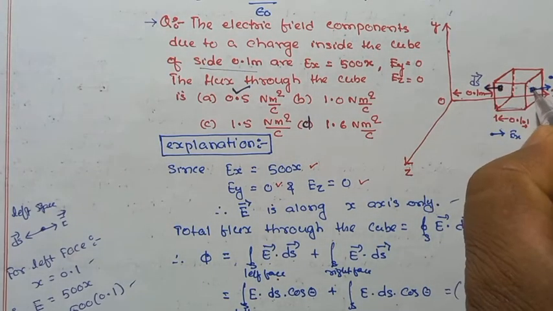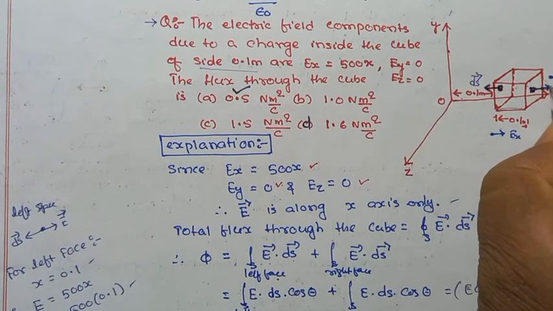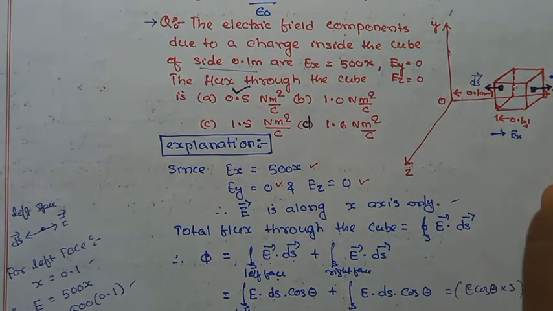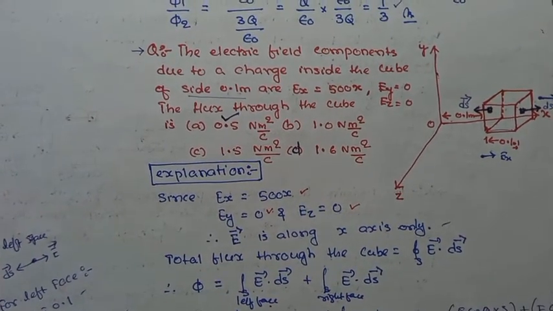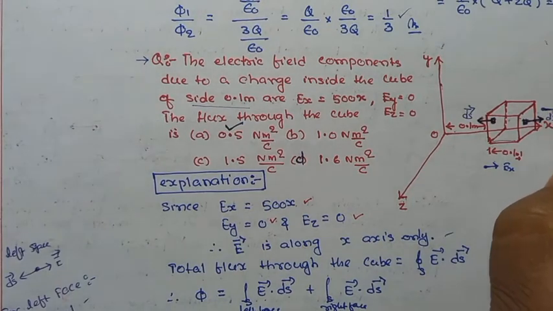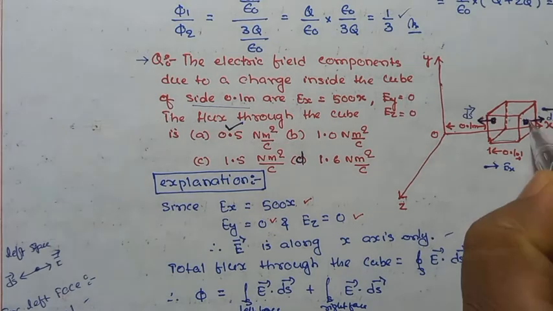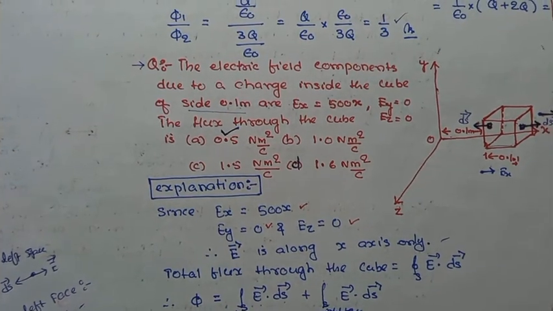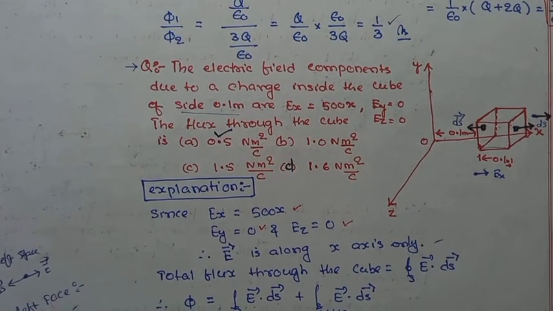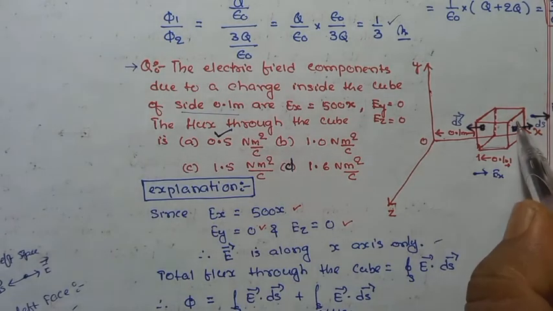Similarly, this is the small area element, so ds vector is normal to this area element. See here in the right face, this is the direction of the electric field and this electric field is along the x-axis. This is the normal to this area element. That means this is also along the x-axis. Therefore, the directions of E vector and ds vector are the same for the right face here.